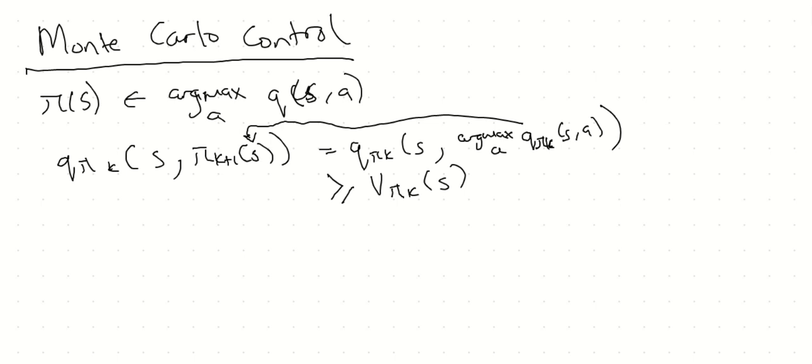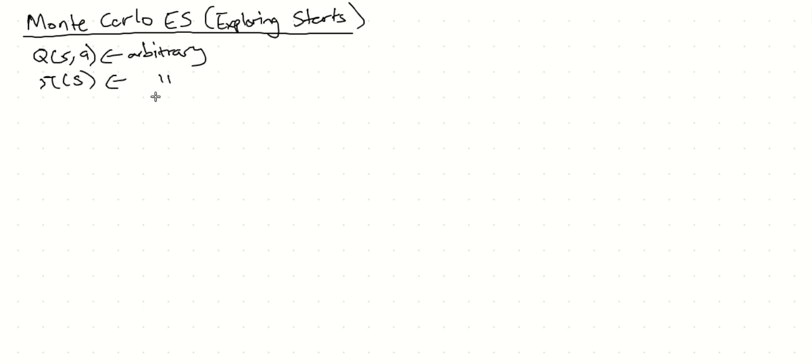Given this, we're going to go through the pseudocode for Monte Carlo control. So we do Monte Carlo ES, where ES means exploring starts. With exploring starts, if you remember, we are assigning random probability to each state-action pair so that we can start from any one of them. So we start with a Q(s, a), which is just arbitrary, and some initial pi(s), again arbitrary, we don't choose this.